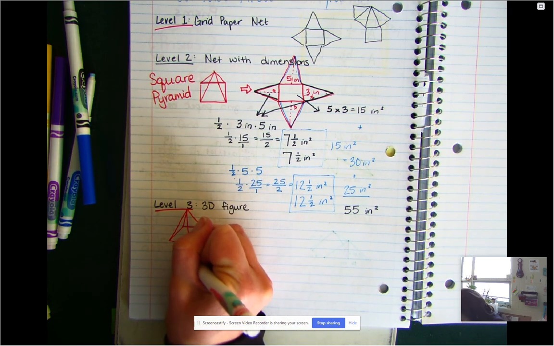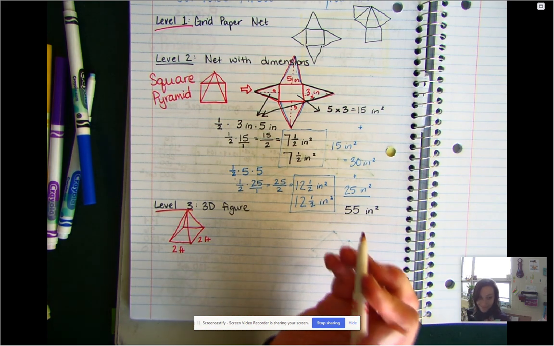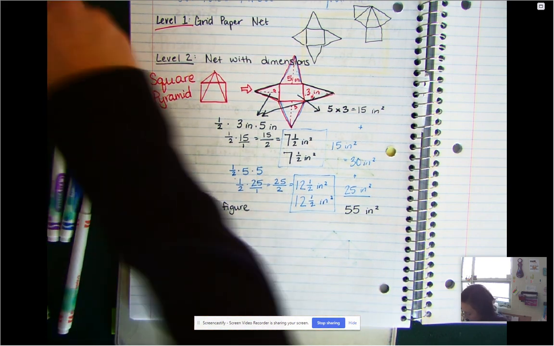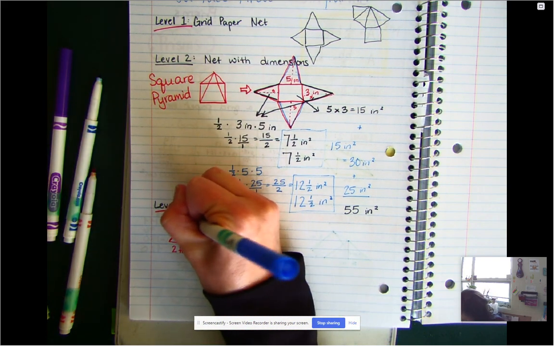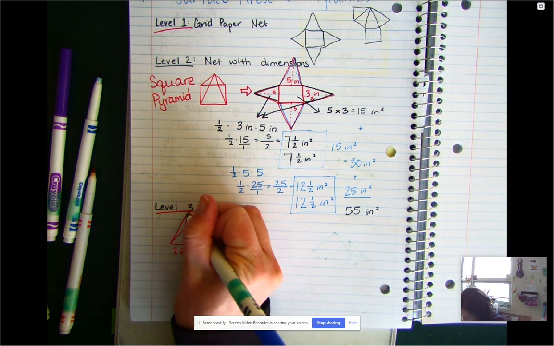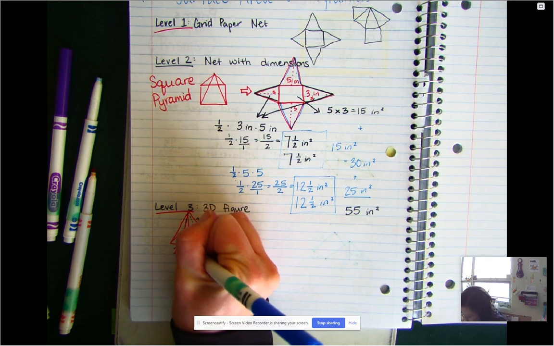So the nice thing, it's actually truly a square pyramid, not like the weird one I gave you last time. And it is 3 feet tall. And that is on all sides because they're all the same height.